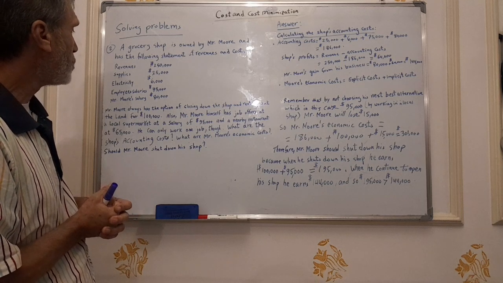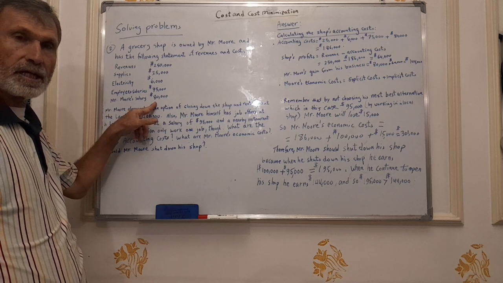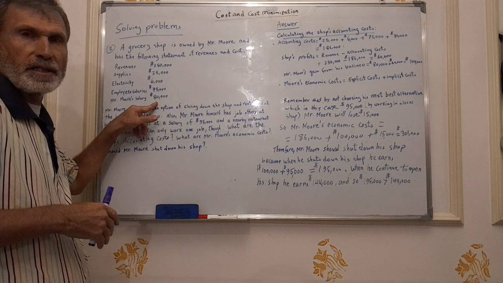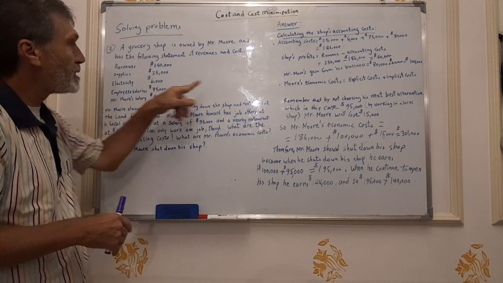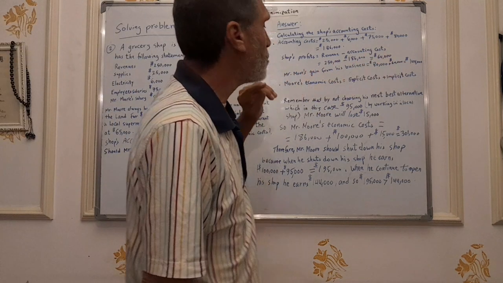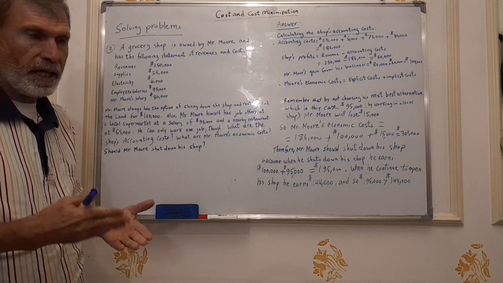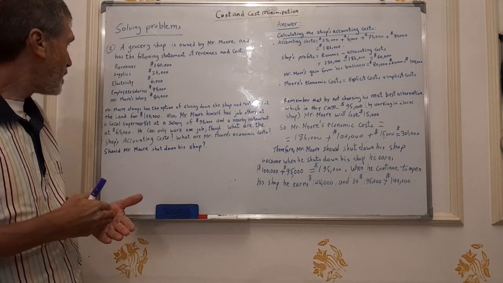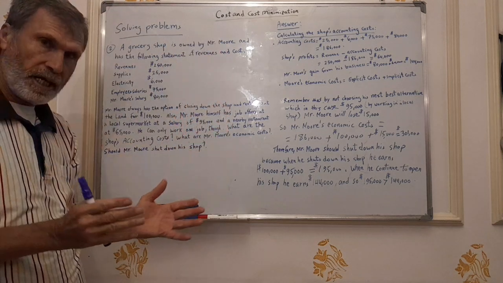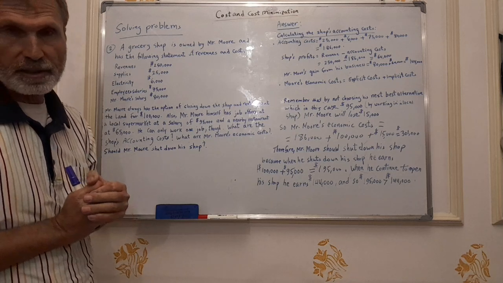First, he's getting $80,000 as salary, plus the profits that the shop is making. So $80,000 plus $64,000, and we come up with Mr. Moore's gain from the shop, because he earns $80,000, and the shop as a whole makes a profit of $64,000.